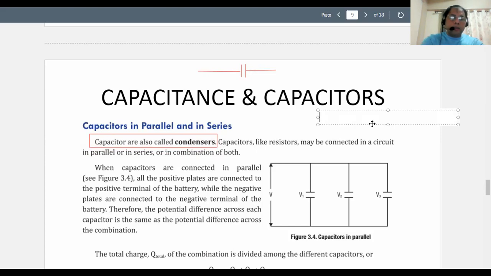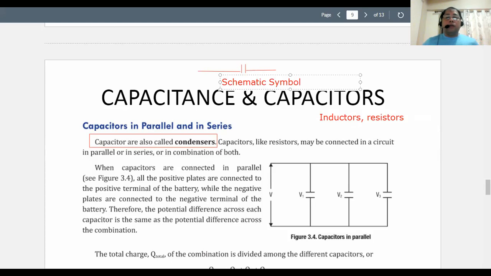Other things found in our circuit are inductors and resistors, and hopefully we will encounter them in our future discussion. But today, let's have this. We call this a schematic diagram, a schematic symbol, I mean. This is the schematic symbol that we use to represent a capacitor.